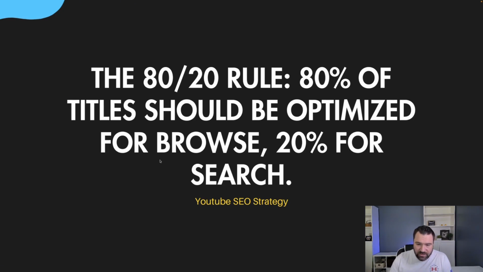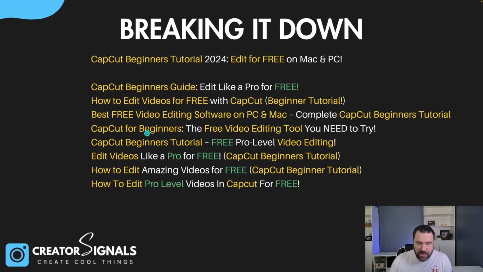Now, when you look at these keywords, that doesn't mean that 80% of the words of my title need to be keyword focused, but really, when you think about the titles that you're writing, 80% of it should be focused on generating the click, right? So having these power words, edit like a pro, edit for free, edit amazing videos for free, right? We want to have those powerful words in there that take up about 80% of the title, not in number of words, but the overall essence of the title.